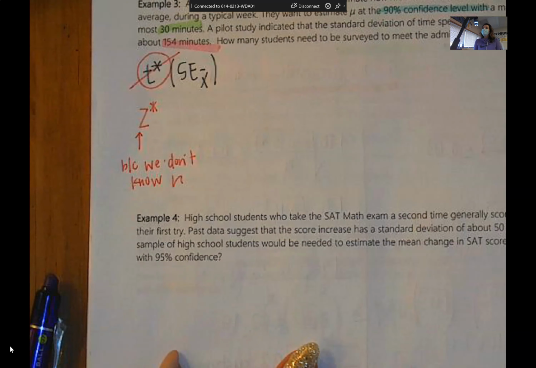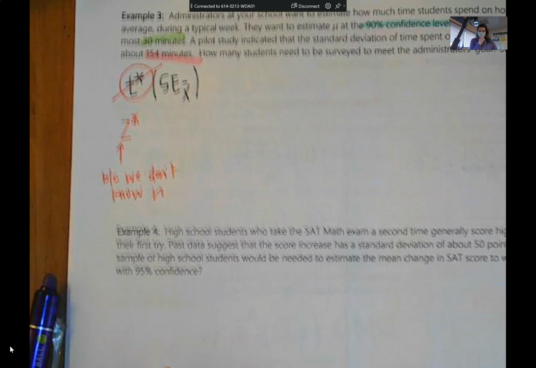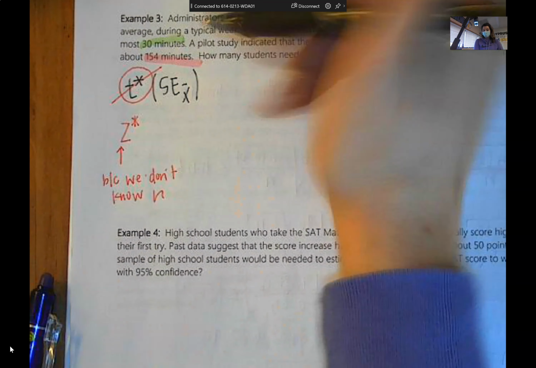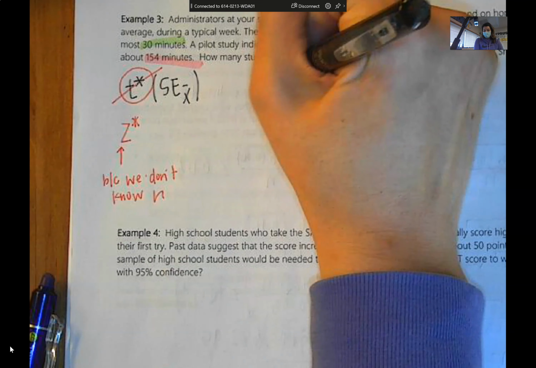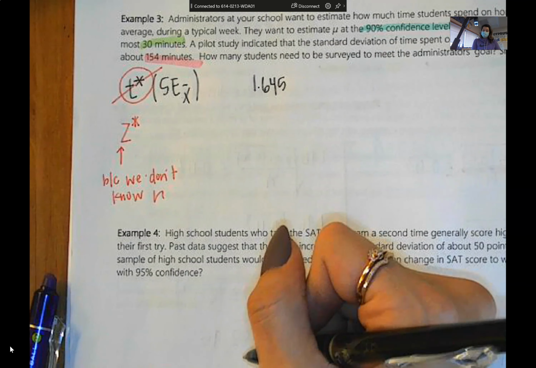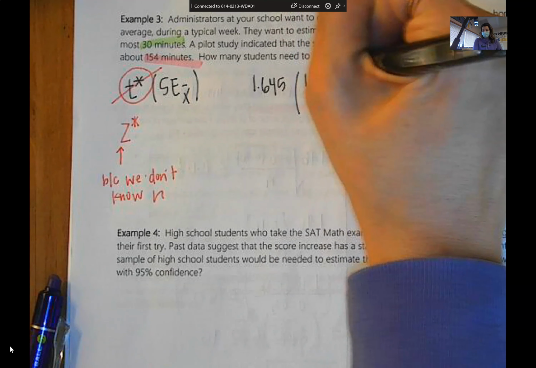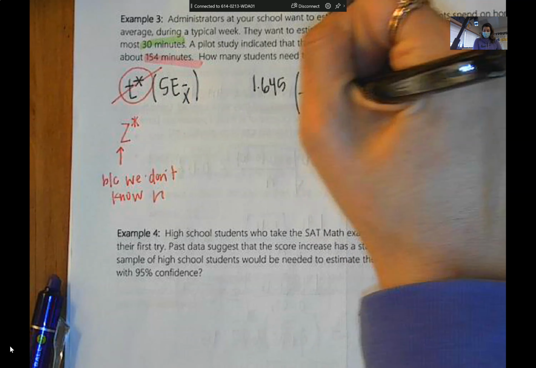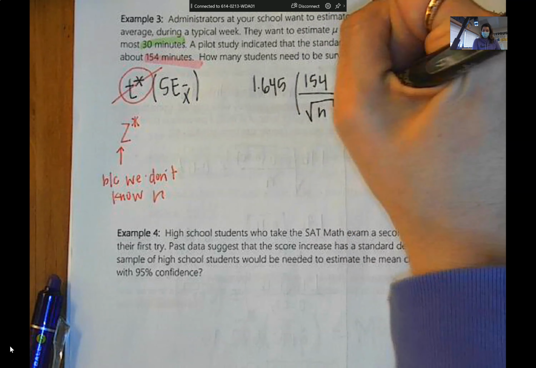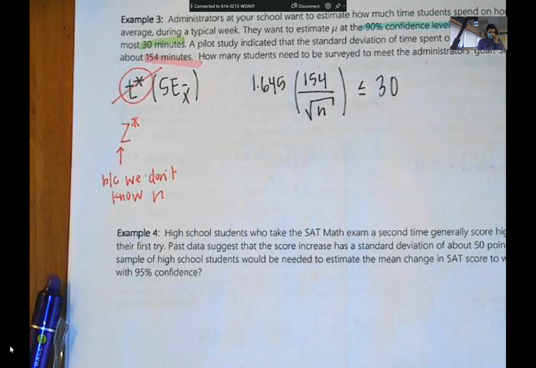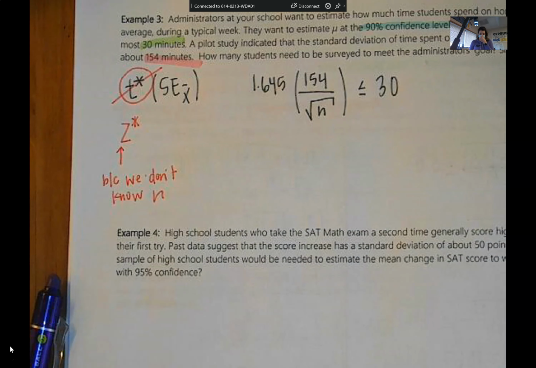Okay, well then setup is exactly the same as last time. The z critical for 90% confidence is 1.645. But this time, what we multiply by is standard deviation in the top, 154, and root n in the bottom. We want that to be less than or equal to 30 minutes. Okay, well, I use a super shortcut on these problems because I just did a bunch of the proportion ones.